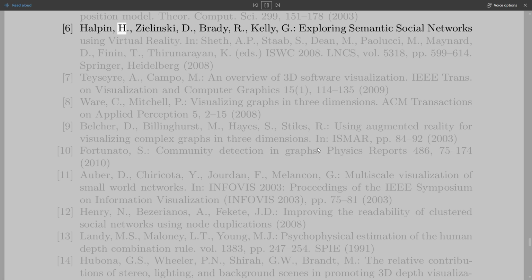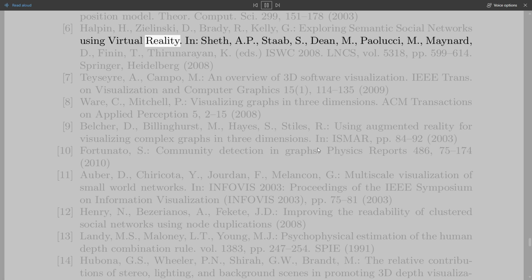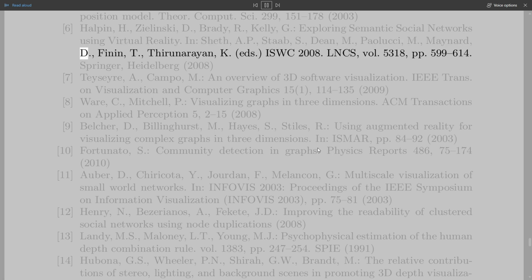6. Halpin, H. Zielinski, D. Brady, R. Kelly, G. Exploring semantic social networks using virtual reality. In Sheth, A.P., Staab, S., Dean, M., Paolucci, M., Maynard, D., Finin, T., Thirunarayan, K., eds. ISWC 2008.